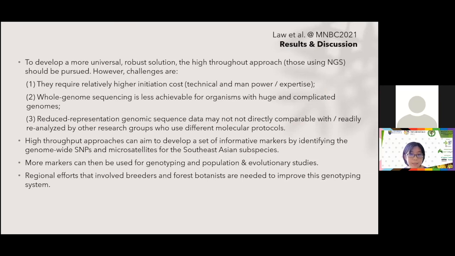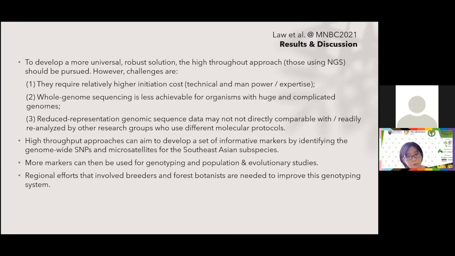And I think this genotyping will only be meaningful when the morphotyping is also set alongside. And more markers can be used for genotyping and population and evolutionary studies. So of course, last but not least, regional or global efforts should also be pursued.